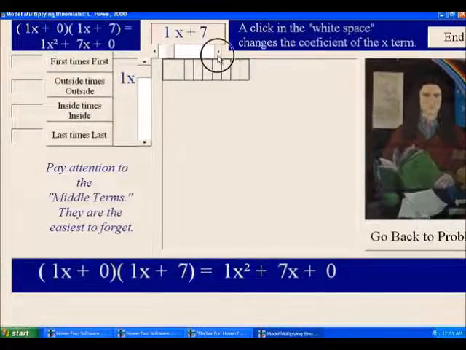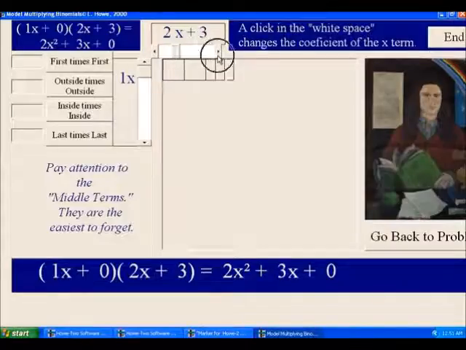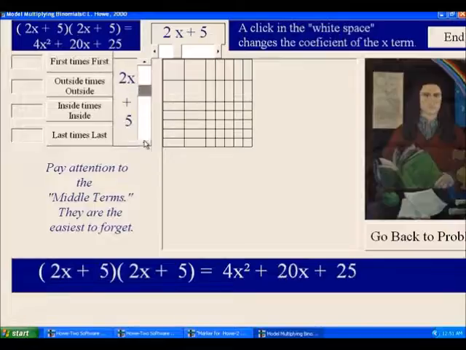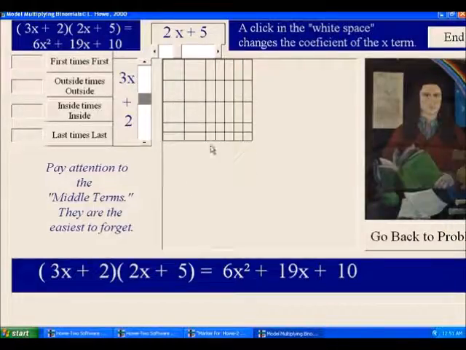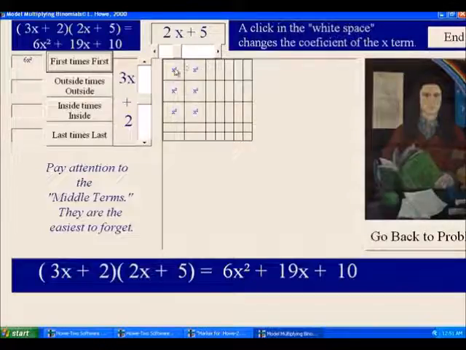We said 2x plus 5 times 3x plus 2. Well, when we multiplied the 3x times the 2x, we would get 6x squared. See, they're squared boxes. When we multiply the 5 times the 2, we'd get these 10 little ones. That would be last times last.